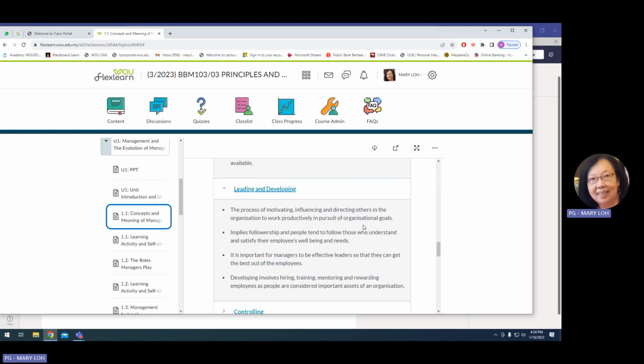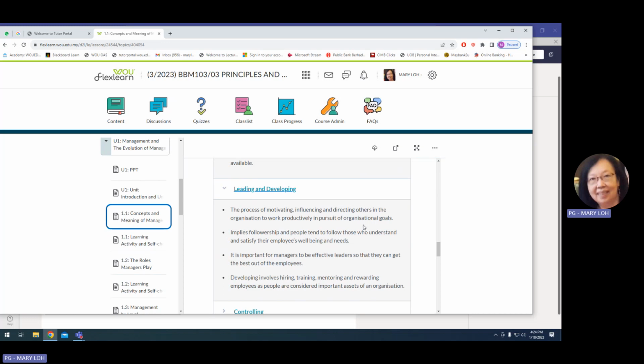But due to the nature of the job, some jobs might be quite repetitive, quite routine, and it could actually lead to boredom. So people who are doing the same job day in and day out might get a bit bored. So they might not have what we call job satisfaction.